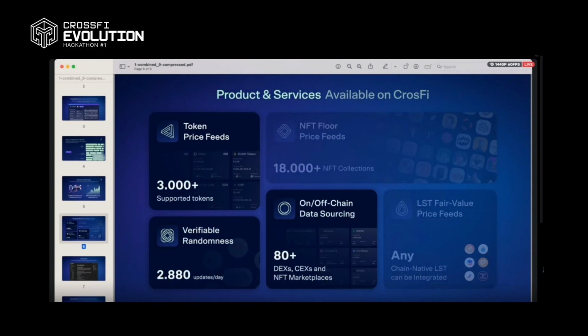So far I've referenced token price feeds, but 2 other things I should definitely mention are, of course, verifiable randomness. For those of you who aren't too familiar with that, blockchains themselves are somewhat inherently deterministic, meaning everything that's going to happen on a blockchain is kind of predictable.